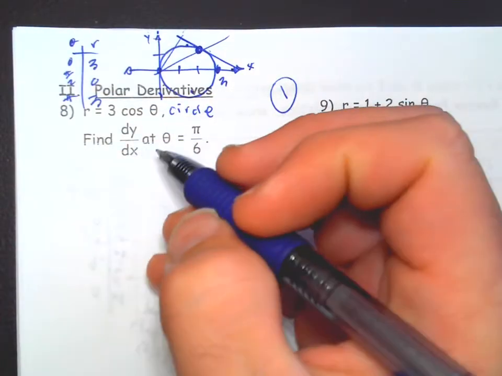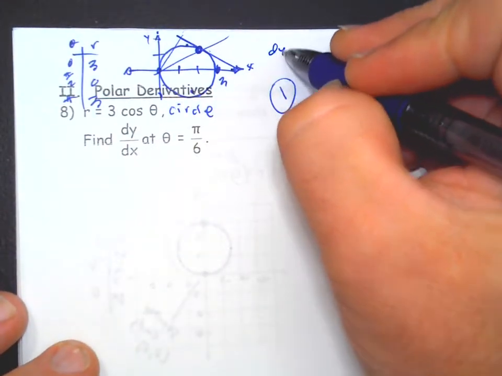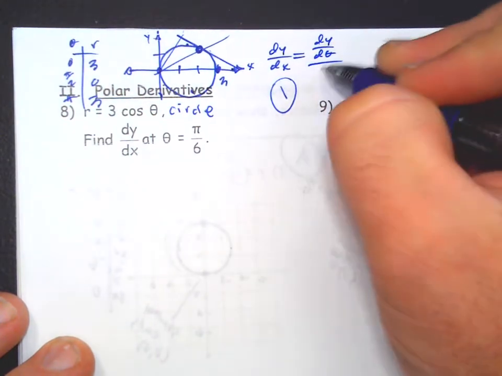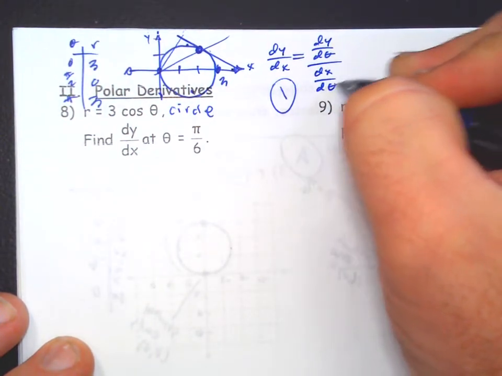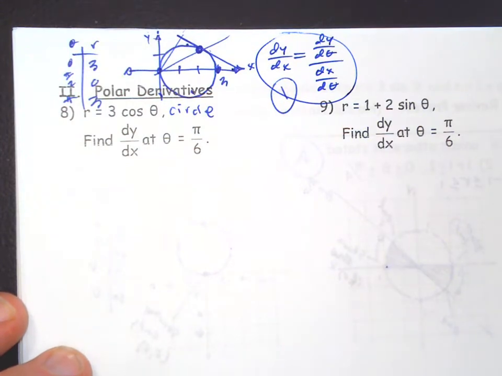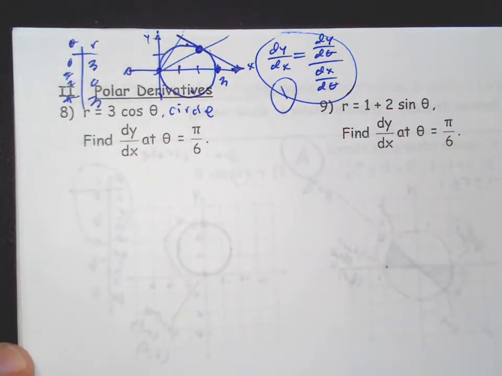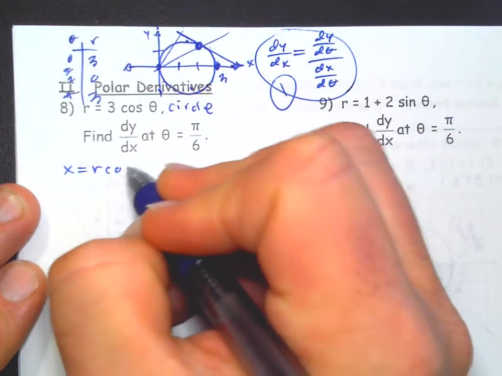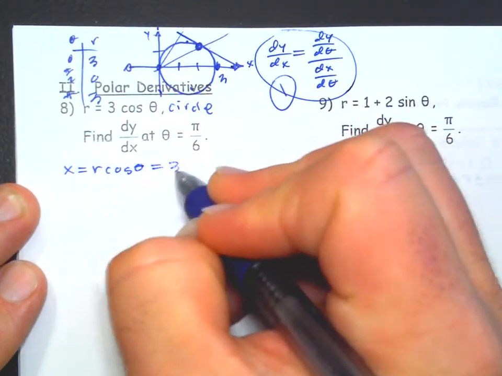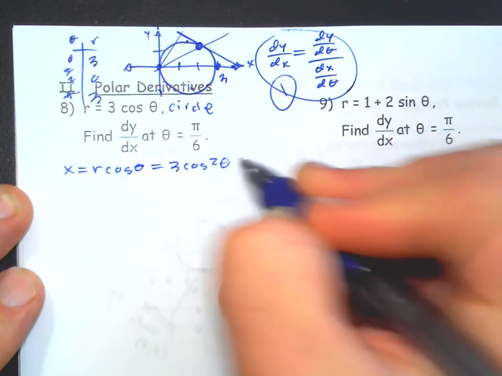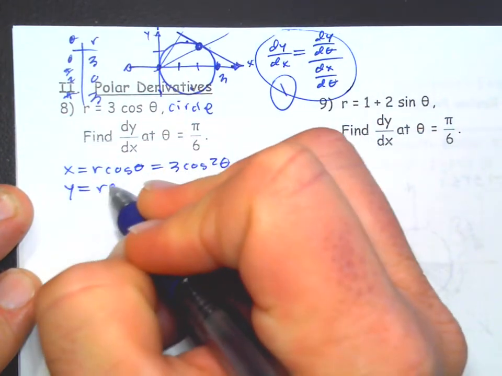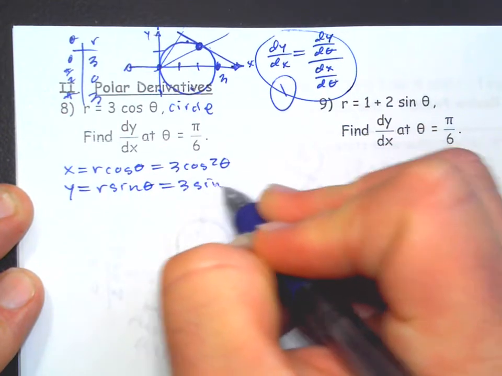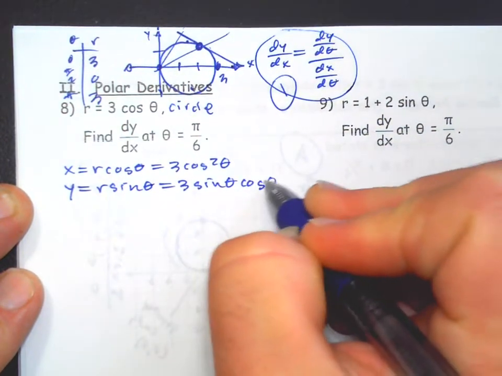So to find the slope, the thing you need to remember is dy/dx equals dy/d theta over dx/d theta. Very similar to parametrics, where it was dy/dt over dx/dt. So we've got to write down x equals r cosine theta. So it's going to be 3 cosine squared theta, and y equals r sine theta. So it's going to be 3 sine cosine theta, or however you want to write those.